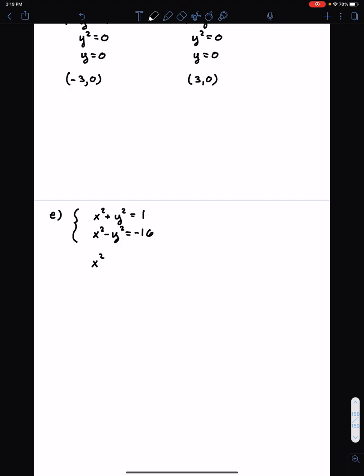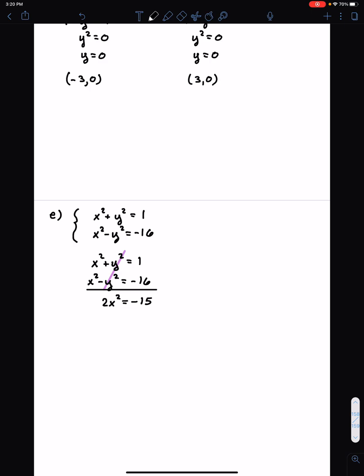So I'll do elimination. If I add these together, the y squareds cancel out, so I get 2x squared is equal to negative 15.